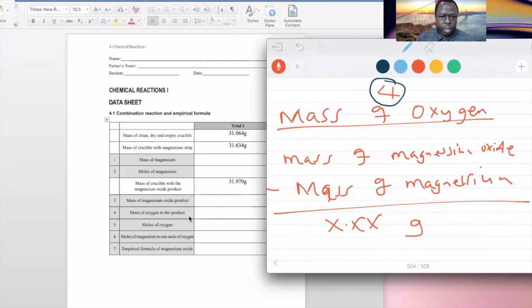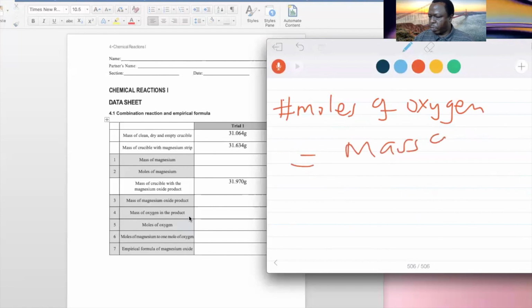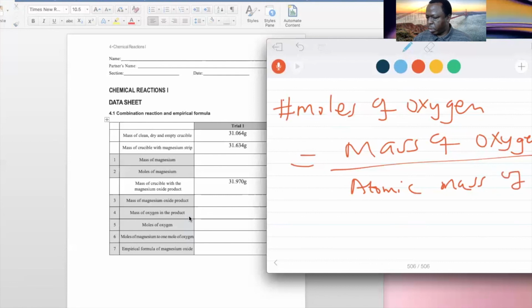Now, just to give you an idea, number of moles of oxygen is given by the mass of oxygen divided by the atomic mass of oxygen.